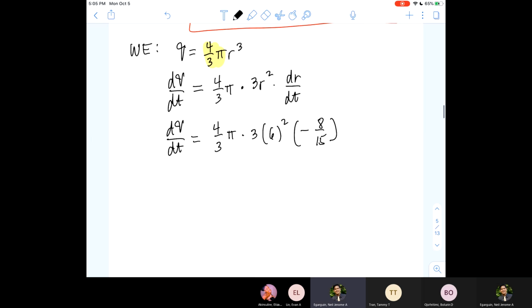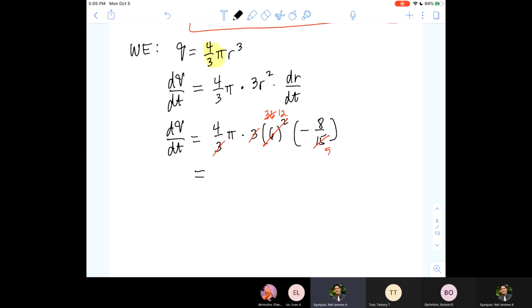Okay. Now, again, this is what I hate, performing the arithmetic. Let's see, 3 will be canceled. And then what? So this would be 36. And then 15, I can cancel a 3 from here. So I'll have a 5. I'll have a 12 left here.